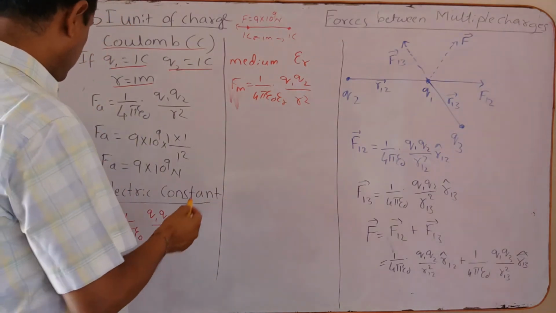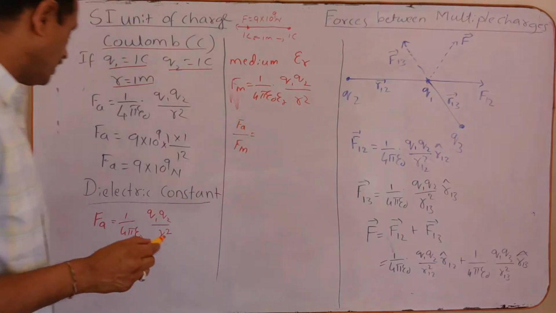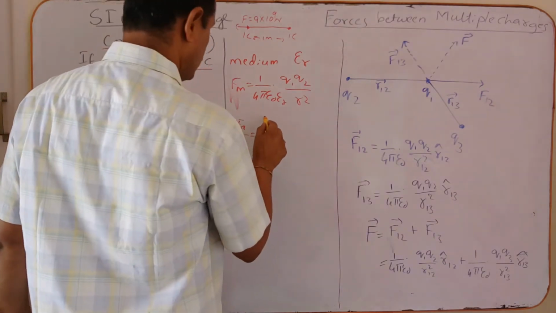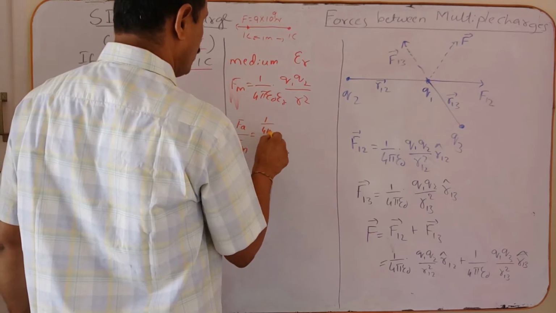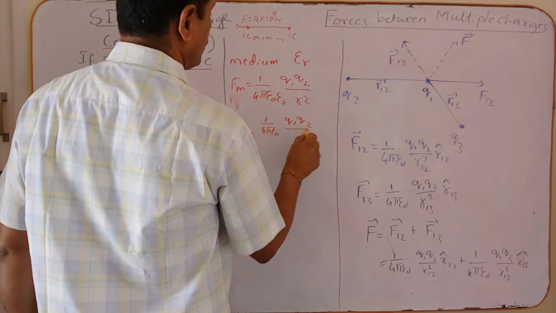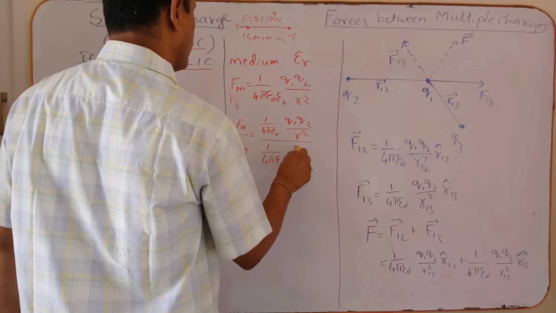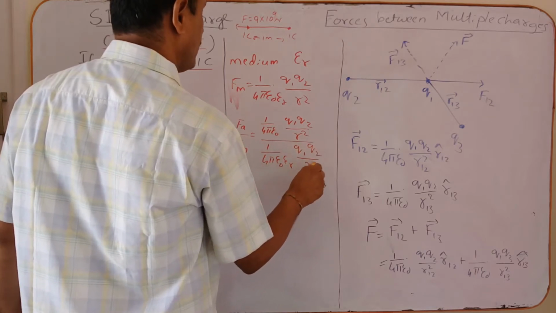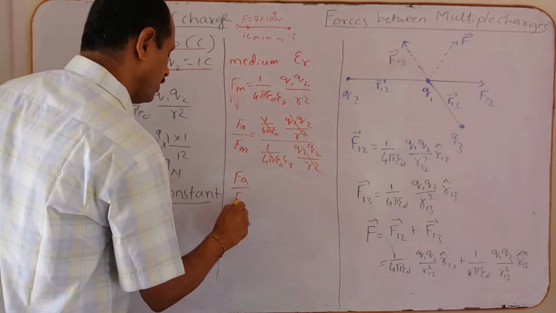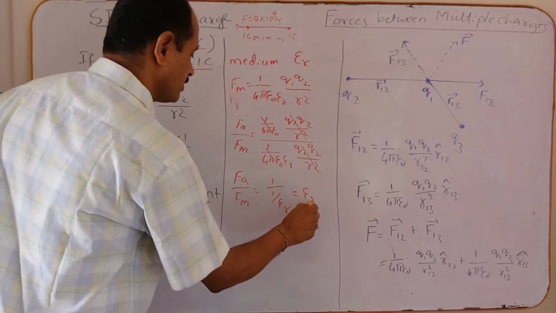Now divide these two, Fa upon Fm. Epsilon r is the dielectric constant, relative permittivity. That is 1 upon 4 pi epsilon naught Q1 into Q2 divided by R square, divided by 1 upon 4 pi epsilon naught into epsilon r Q1 into Q2 divided by R square. This term is cancelled, this term is cancelled. Fa upon Fm is equal to 1 upon 1 by epsilon r, it becomes epsilon r.